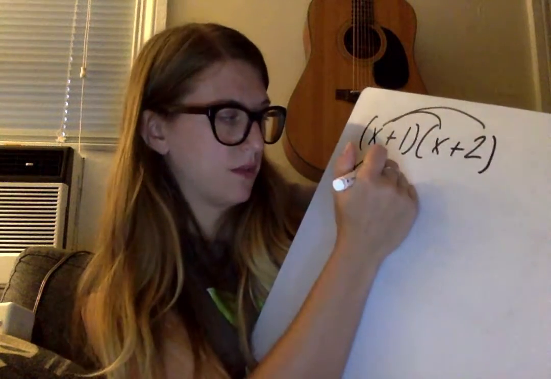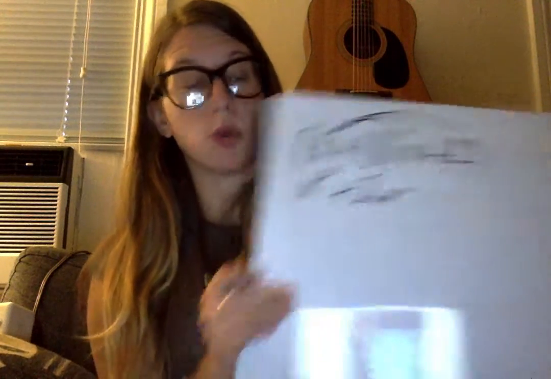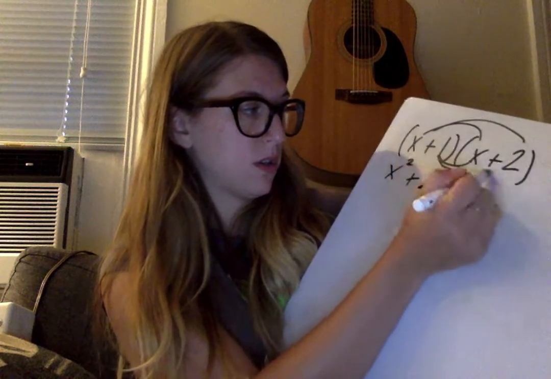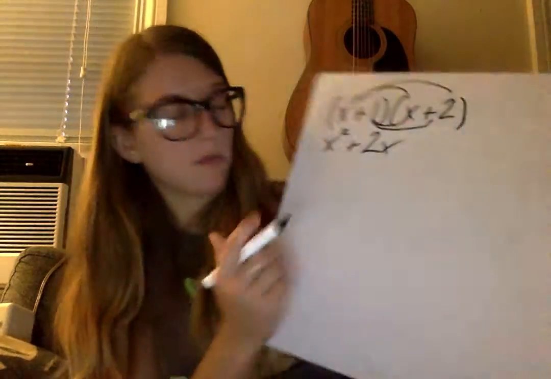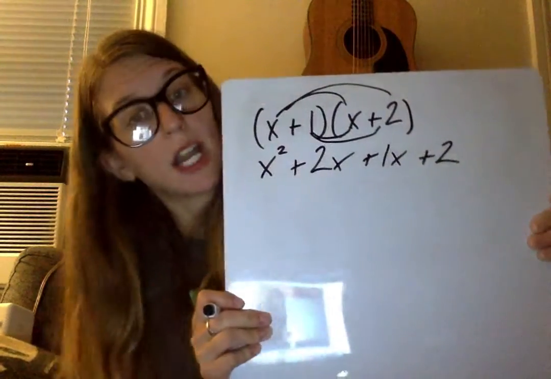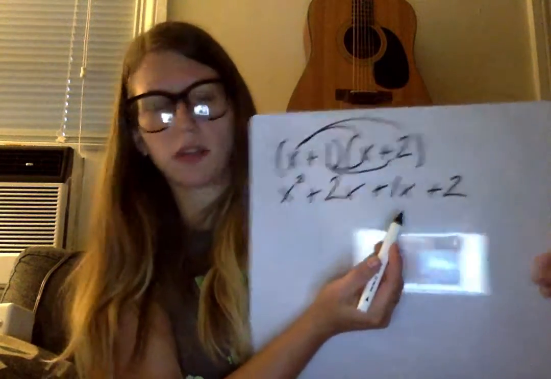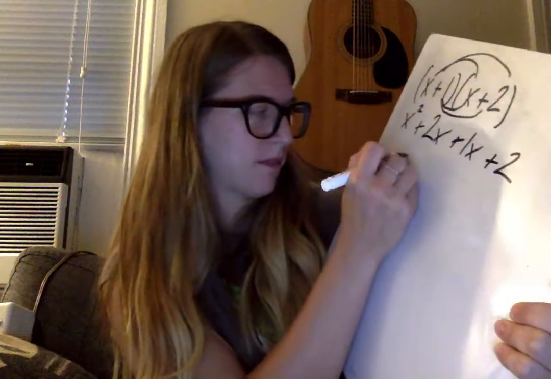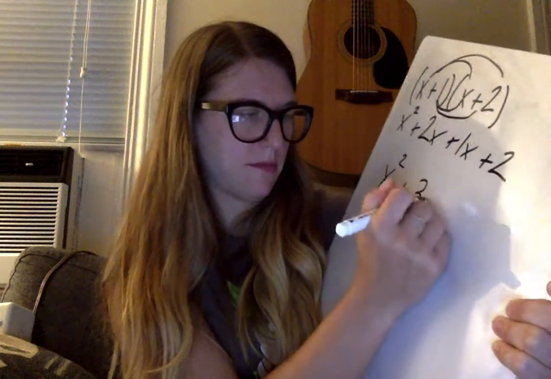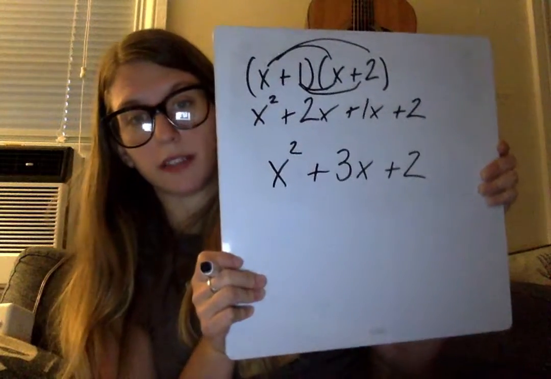X times positive 2 is 2x. And then I'm going to swish, swish. You get 1x, and then you get 2. And I'm going to combine like terms. And again, I could have just totally written that as x.